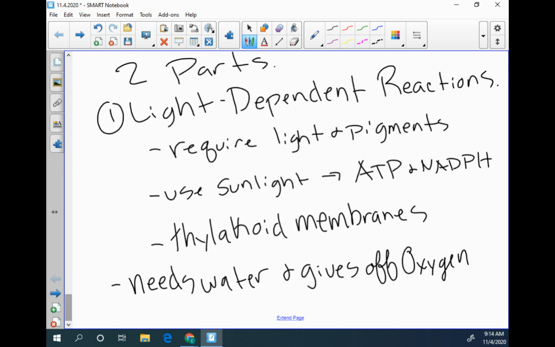In the light-dependent reactions, we need light and we need water, and they can take that light and that water and turn it into ATP, NADPH, and oxygen. When we say that plants give off oxygen, this is what we're talking about. This is where that oxygen comes from. That's the light-dependent reactions.